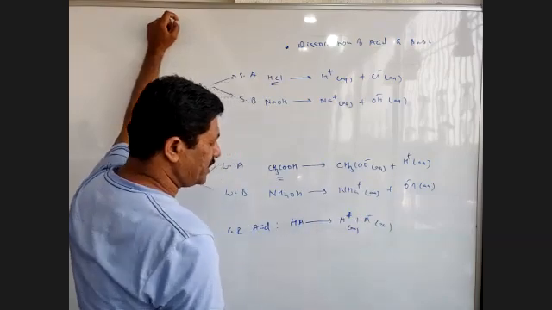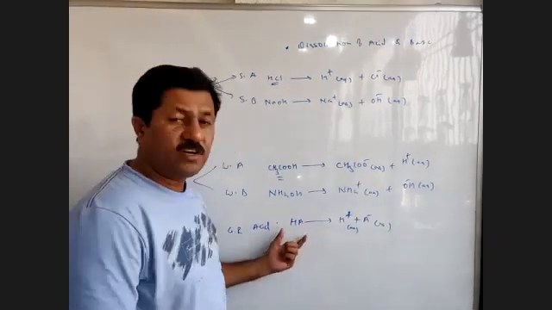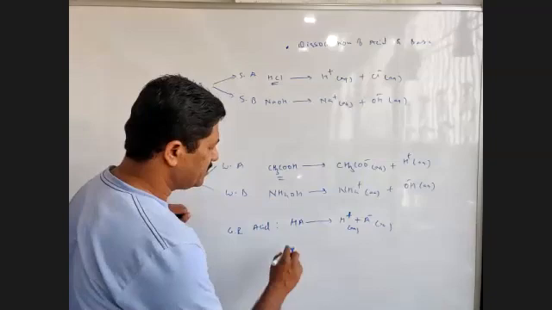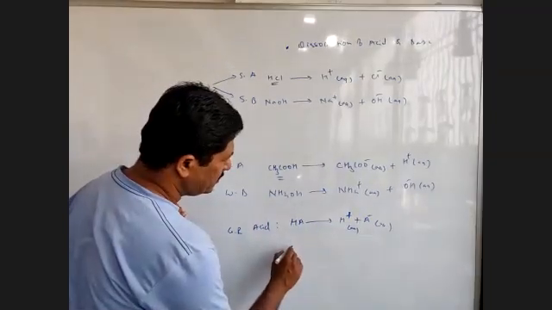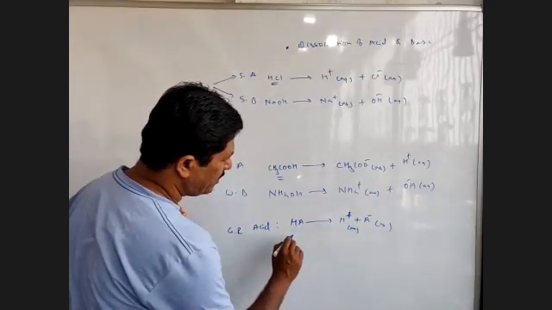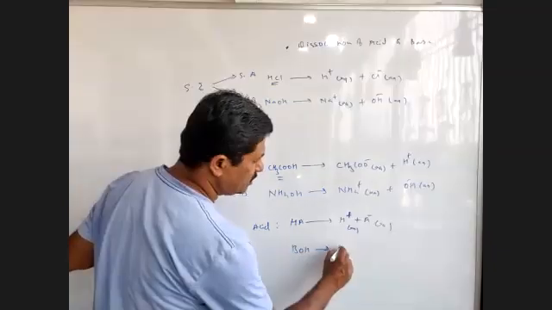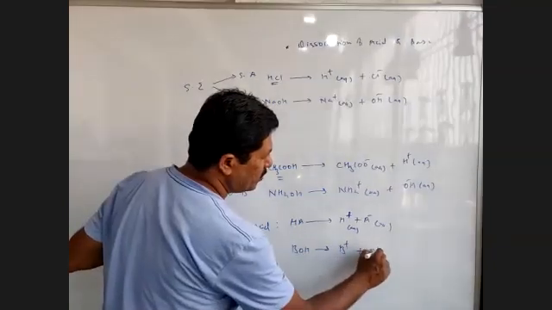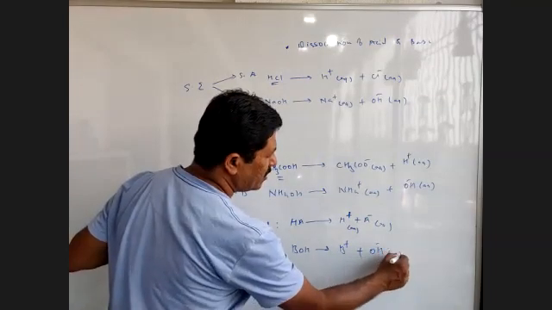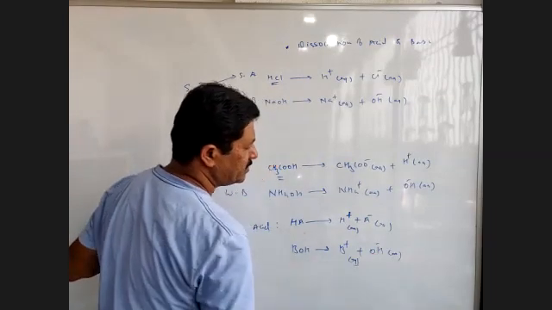So this is what we can say. HA is a general representation of acid, whereas BOH is a general representation of base, which produces B plus plus OH minus. This is aqueous. This is aqueous.